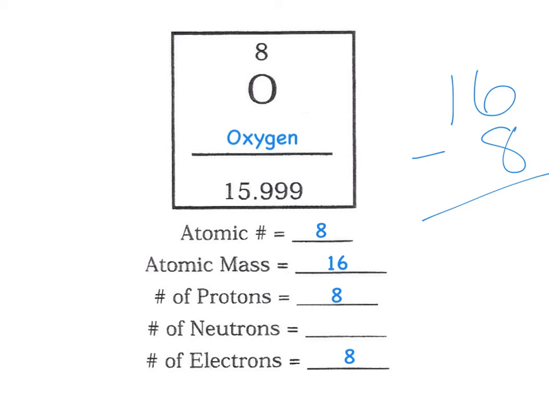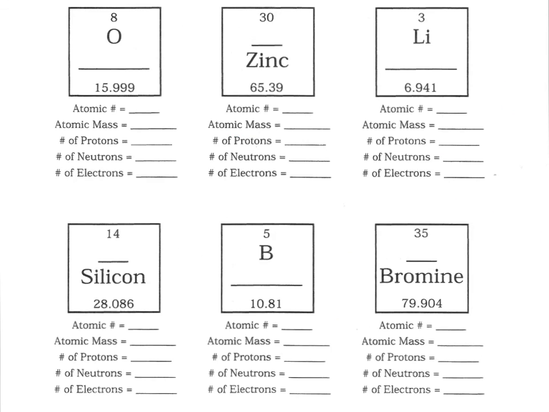Well, 16 minus 8 is, fancy that, 8. So my number of neutrons must be 8. So does that mean protons, neutrons, and electrons always match? Absolutely not. So be careful. Don't automatically fill in protons, neutrons, and electrons as the same number.